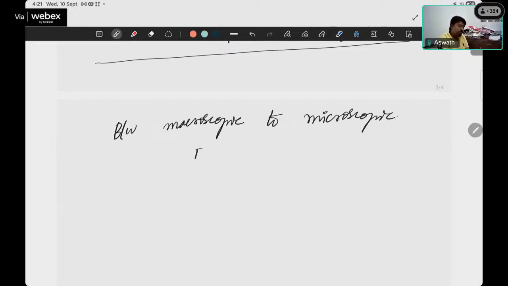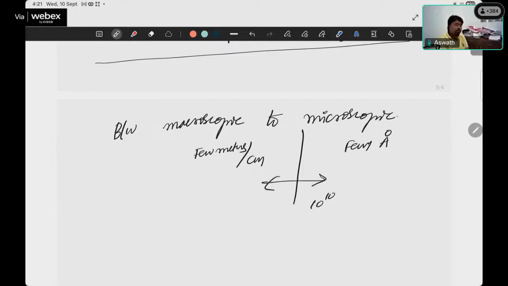This is a few meters or a few centimeters, and this is a few angstroms. What is the difference? The difference is about 10 to the power of 10 orders. In that case only we are seeing the quantum behavior.